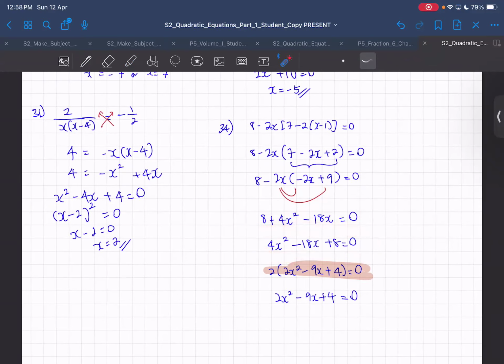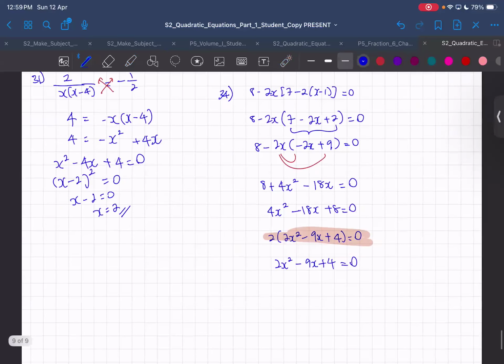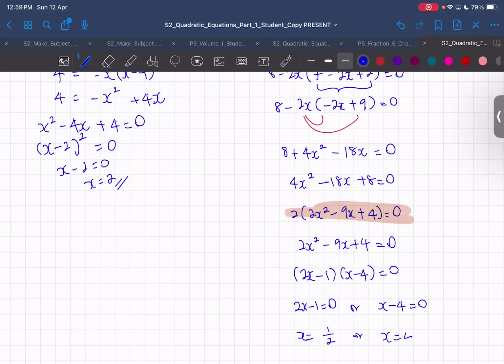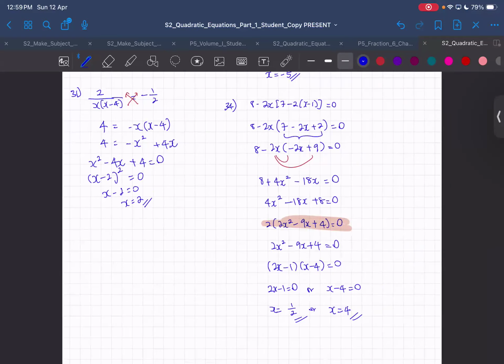So please factorize first before you put it inside your calculator. So this one you'll get 2x minus 1, x minus 4 equals to 0. This is your 2 answers for question 34.